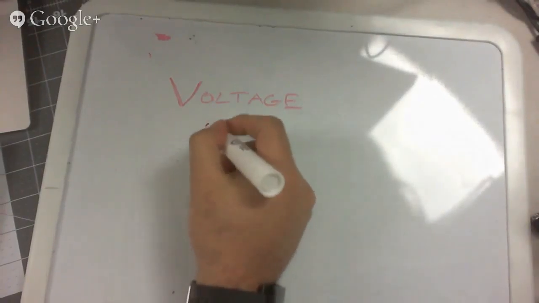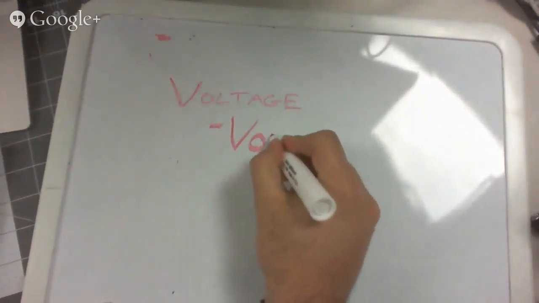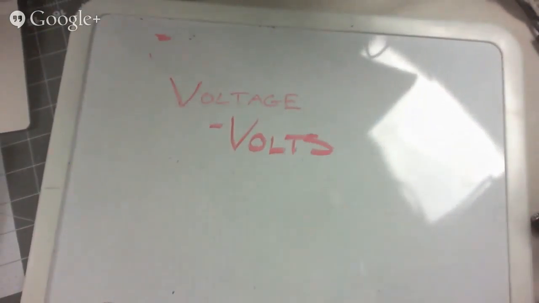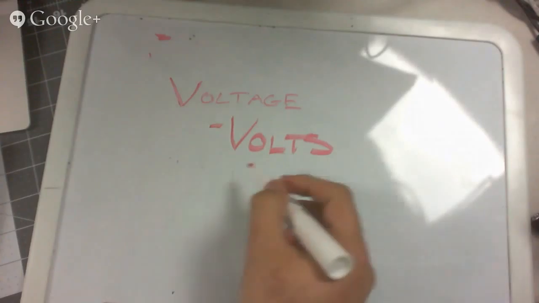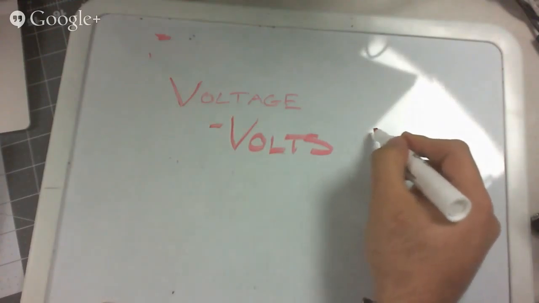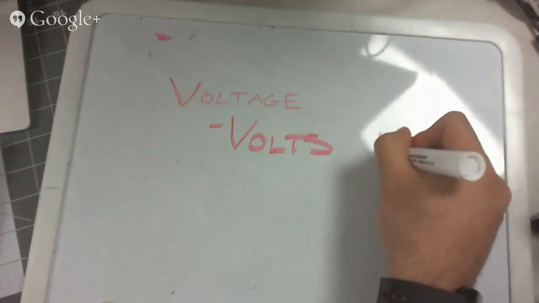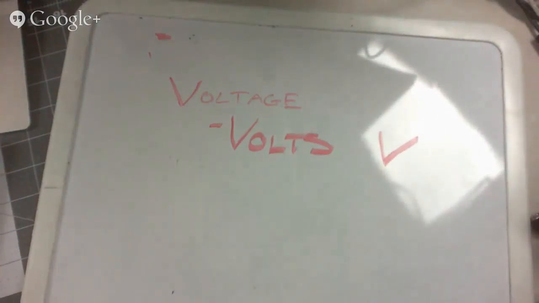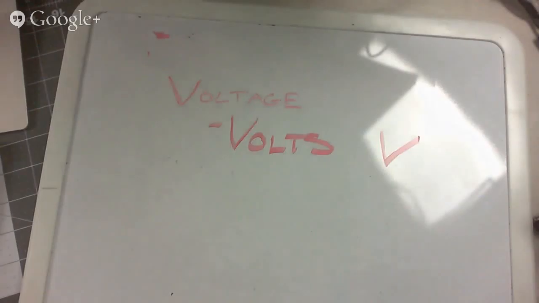So let's start with voltage. Obviously, it's measured in units of volts, and sometimes we abbreviate that usually as V. So what is voltage? Voltage is a potential difference. So you have to measure voltage from 2 points. It's not like current where you can measure at a single point.